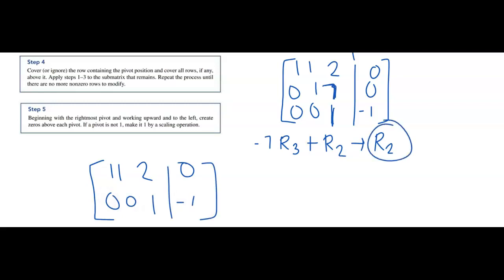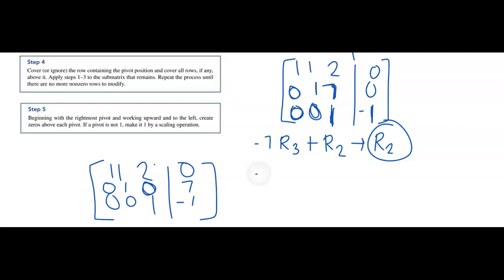I'm changing row 2. So 0 plus 0, 0. 0 plus 1, 1. -7 plus 7, 0. -7, here's 7, plus 0, 7. Amazing. Okay, now I need to do that again to get into row 1.